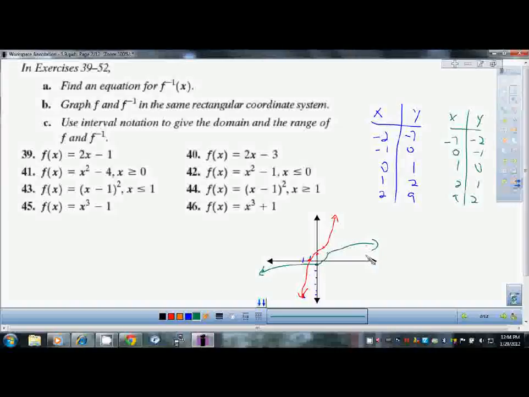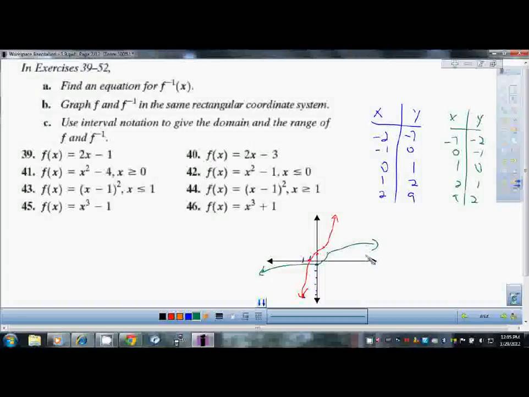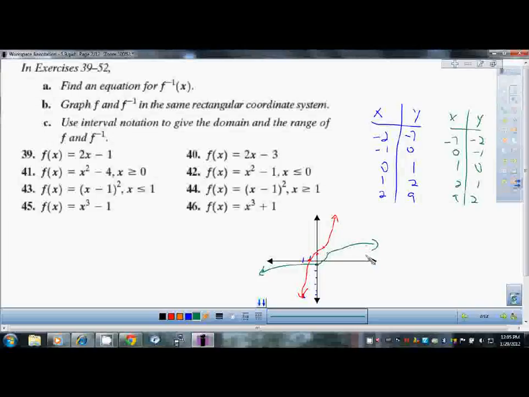I know this one wasn't required, but once you get confident with that, try to go over to number 36 and do the same thing. Take the coordinates straight off your graph, flip them, and you can graph the inverse. Try to sketch the graph of number 36.